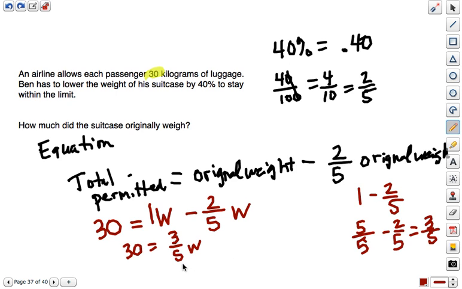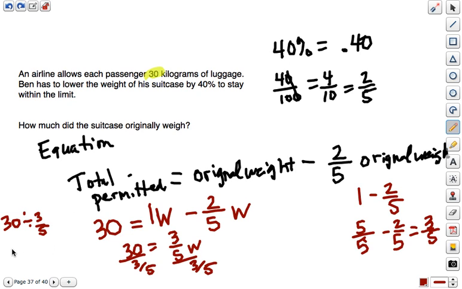Okay, so we're solving for W, so we're going to divide both sides by 3/5. Okay, and off to the side here, 30 divided by 3/5.